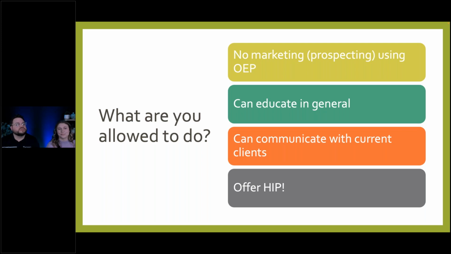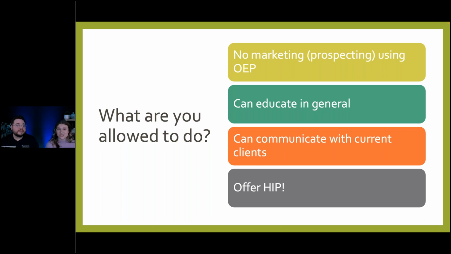Yeah. There's no specific call to action that says, okay, let's talk about OEP, give me a call and let's go over your options. You can tell them OEP exists. The next point here is you can educate in general. So you're able to tell them OEP exists. Here's what it is: if you're on a Medicare Advantage plan, as of 1/1, we're able to make a one-time switch during OEP.